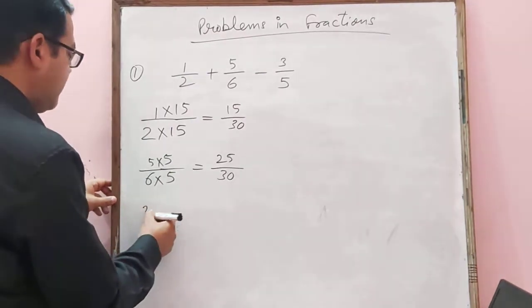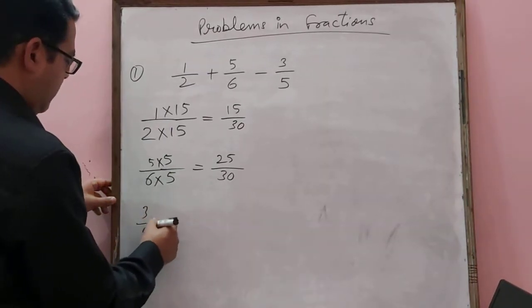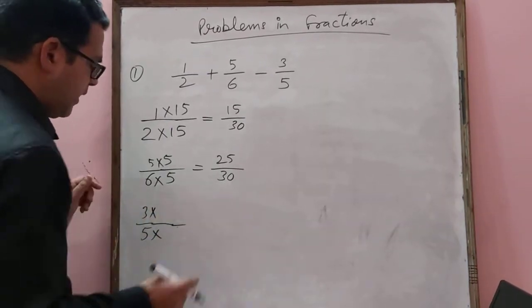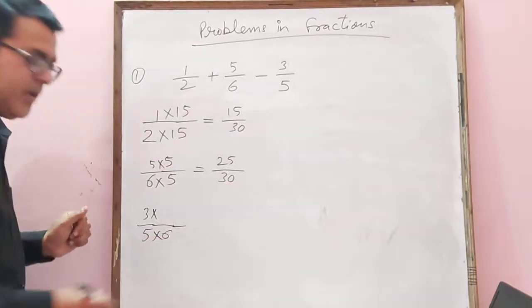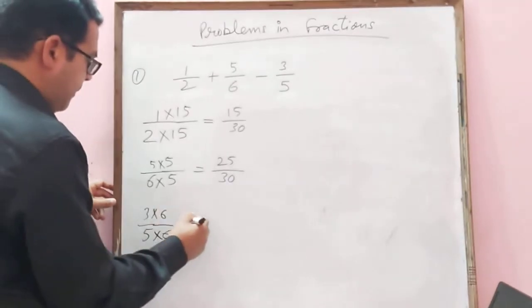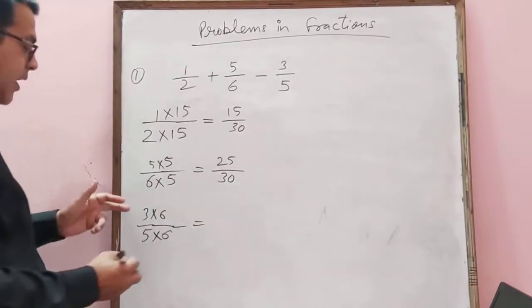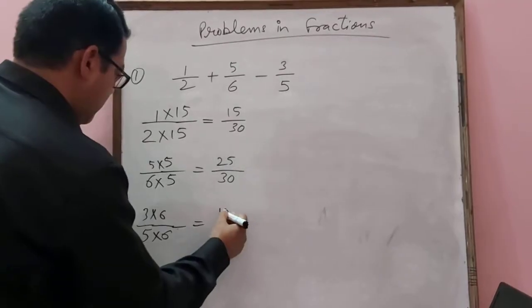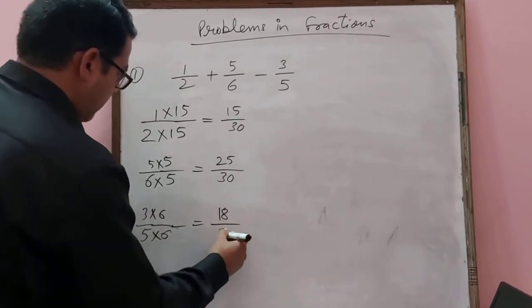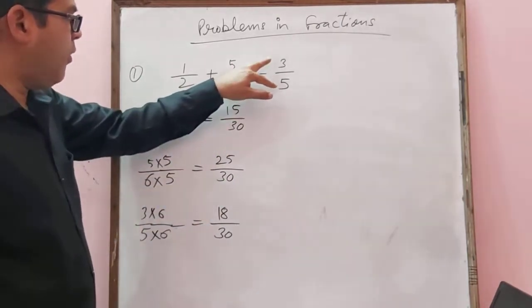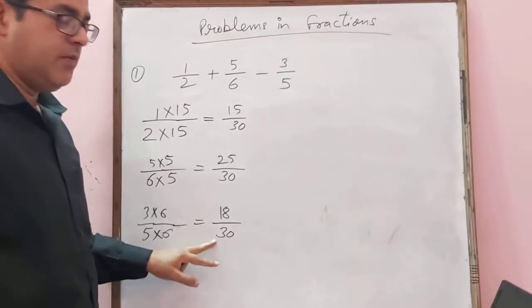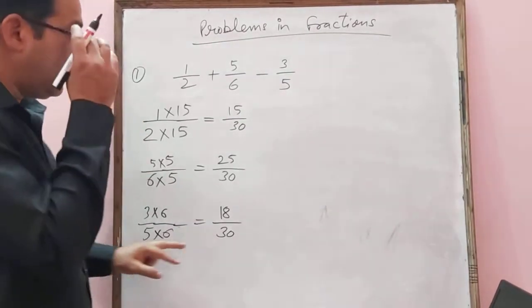Now the third one is 3 by 5. Where does 30 come in the table of 5? 5 6s are 30. So we need to multiply it by 6. On the upper side also we multiply by 6. Now 6 3s are 18 and downside 30. The equivalent fraction of 3 by 5 is 18 by 30. Hope you understand, guys.